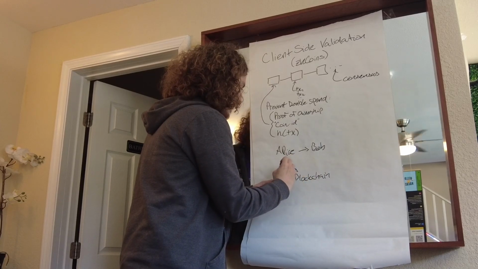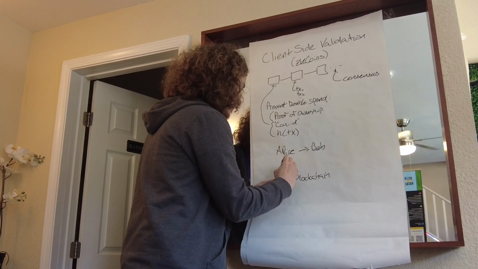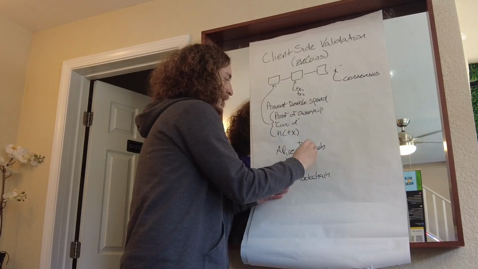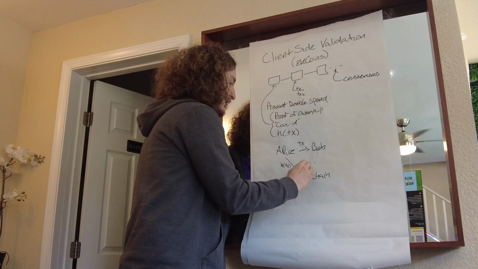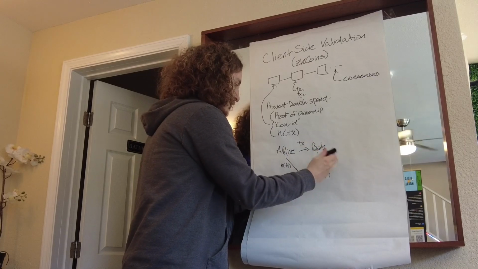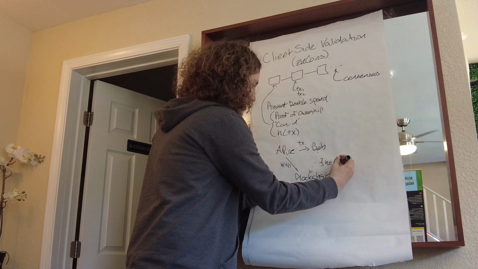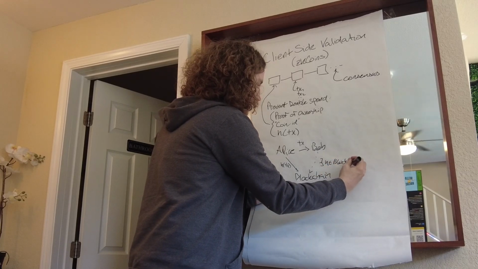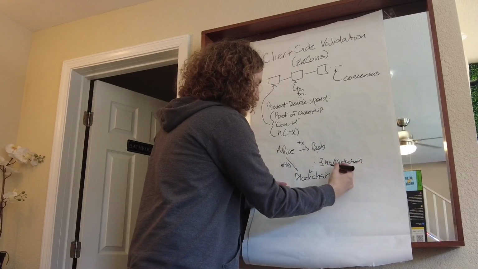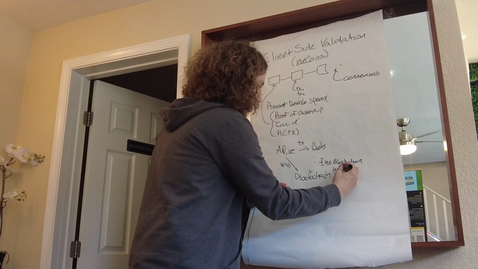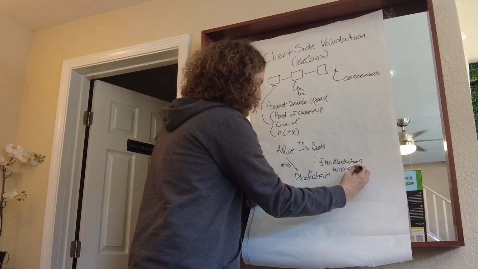Alice sends the hash of the transaction to the blockchain, and she sends the transaction to Bob. And then Bob can check that there exists some hash in the blockchain such that the hash of the transaction equals the hash.